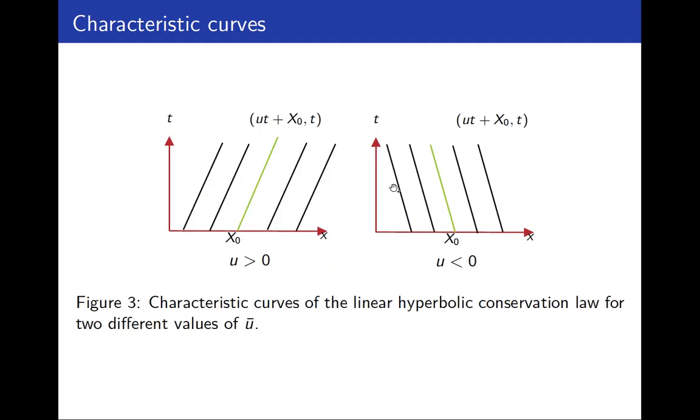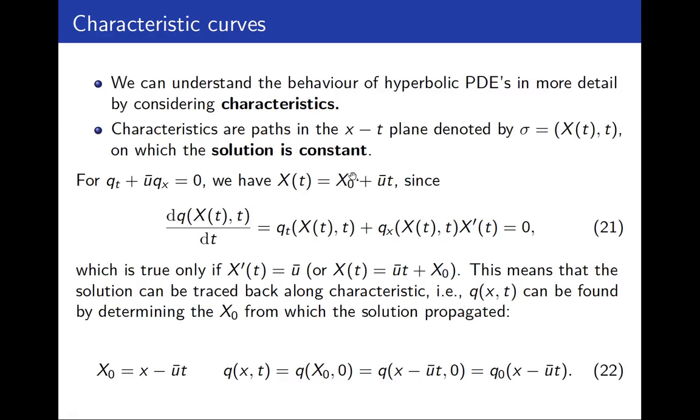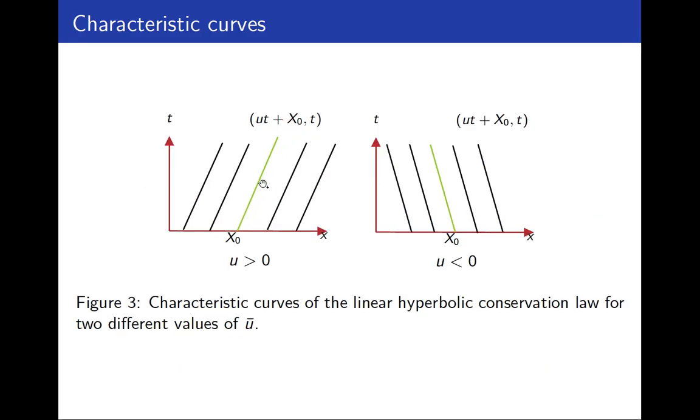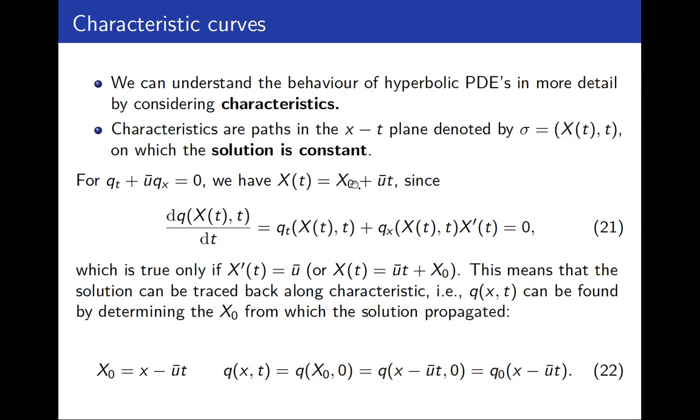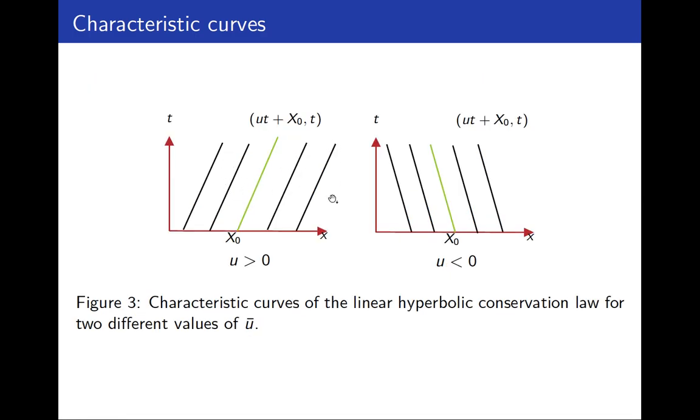Now let's make some plots. In the literature, it is common to see this kind of curves where the coordinate t is the vertical one and the coordinate x is the horizontal one. These characteristics, the straight lines that we obtain from this equation, are these ones. If you plot t versus x using these straight lines, you obtain these curves.